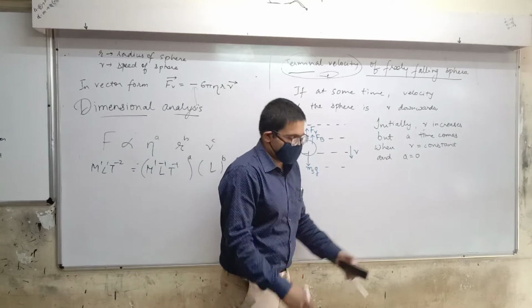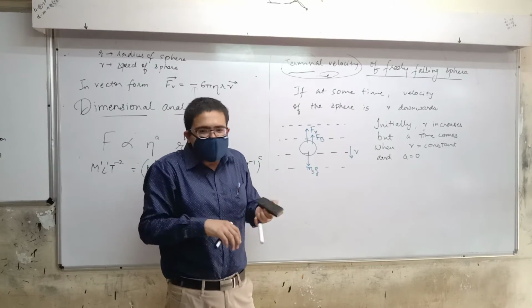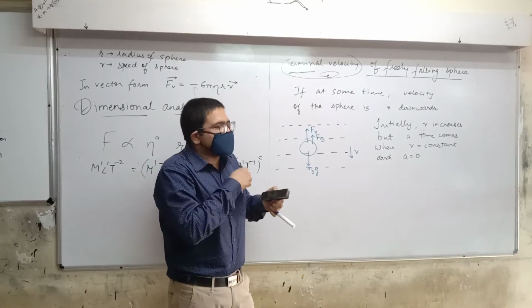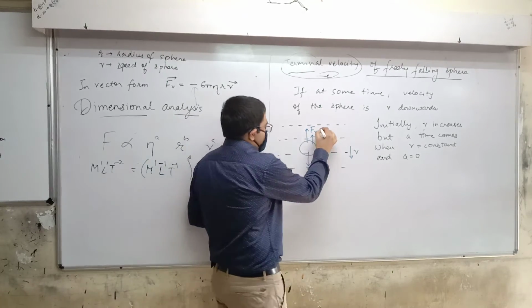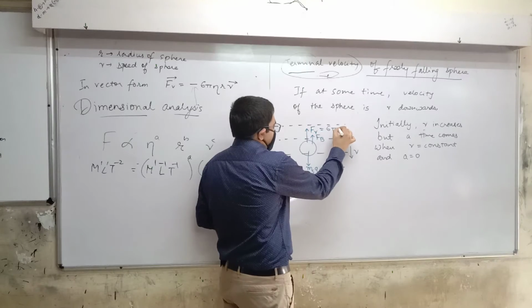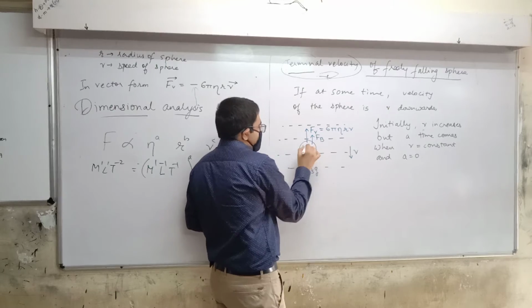So why would this happen? You know, some of you might have a question regarding that also. Okay, velocity increases, but you know, the reason is Fv. Look at the value of Fv. Fv is 6 pi eta r v if this radius is r.